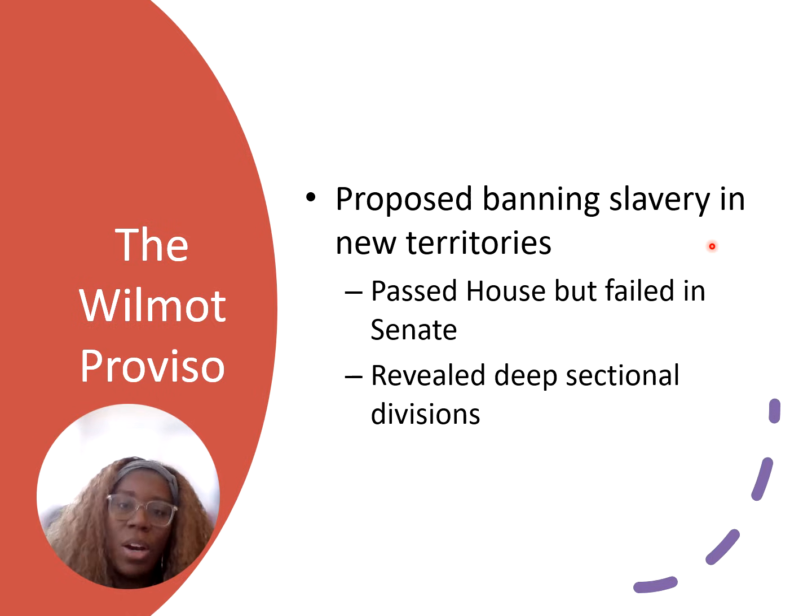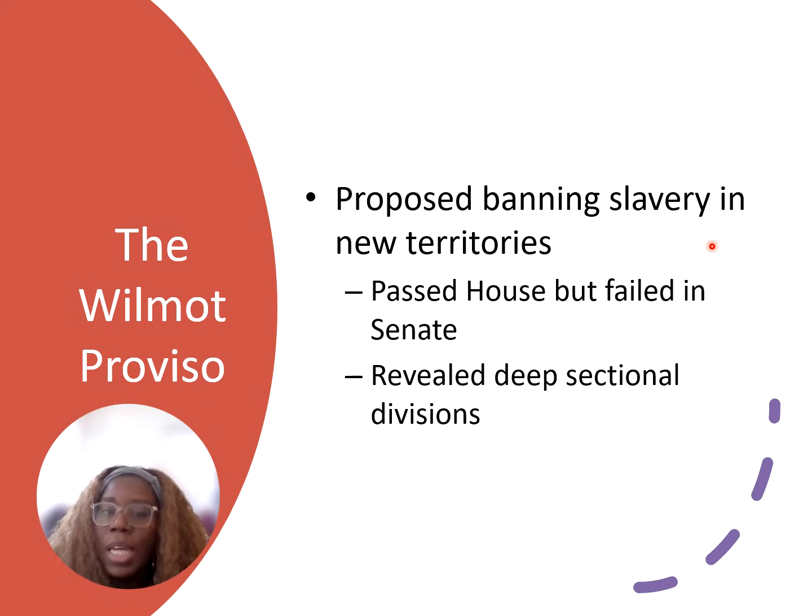Its repeated failure is significant not because of what it accomplished, but because of what it revealed. Northern lawmakers increasingly argued that slavery's expansion had to be stopped in order to protect free labor and prevent slaveholding states from dominating national politics.